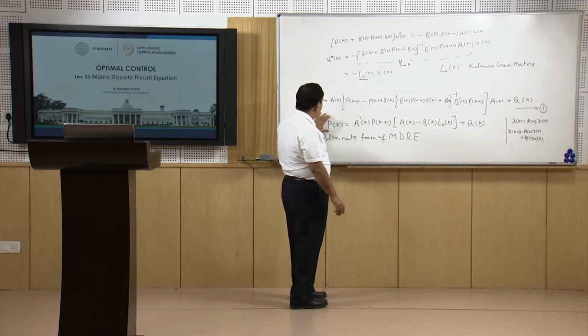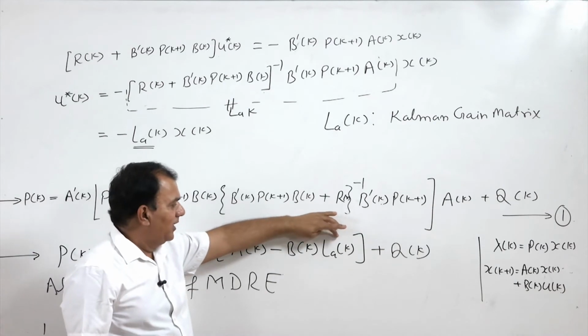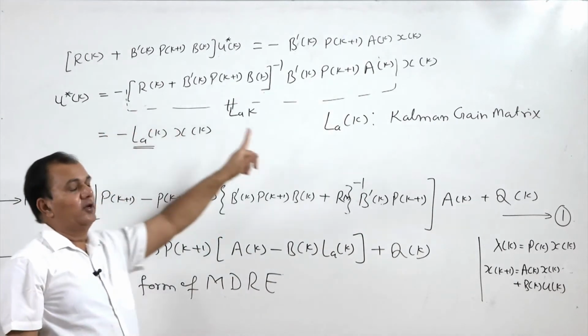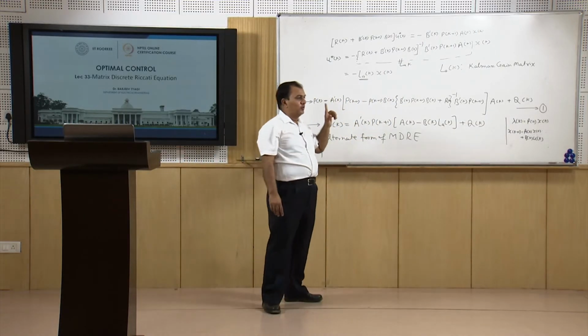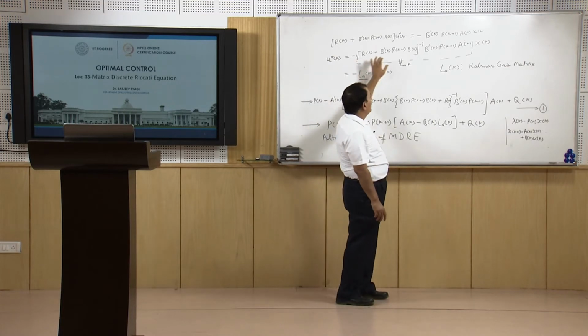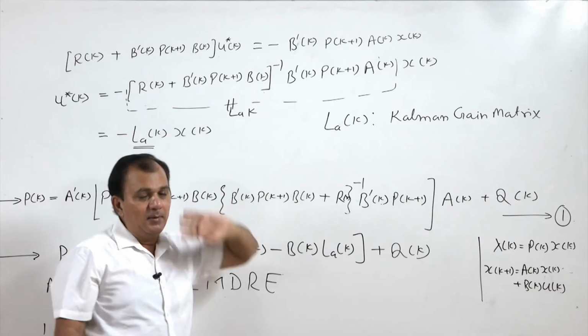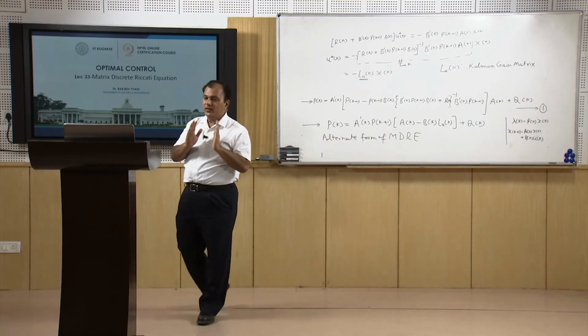My second form is P k equal to A prime k P k plus 1 A k minus B k L a k plus Q k. In this case L a k does not require the inverse of the A transpose, and the inverse of matrix R k plus B prime P k plus 1 B, this inverse we have shown always exists.